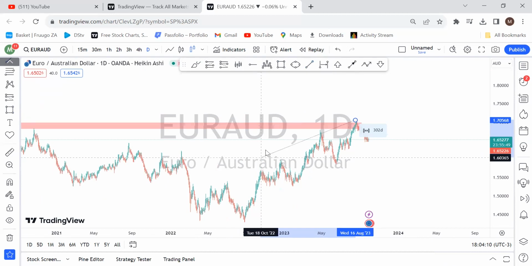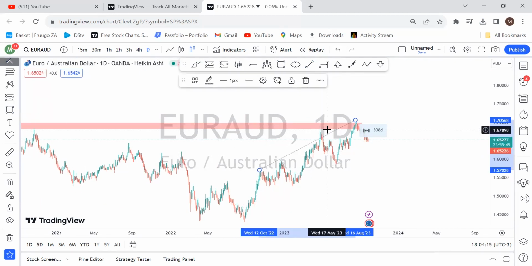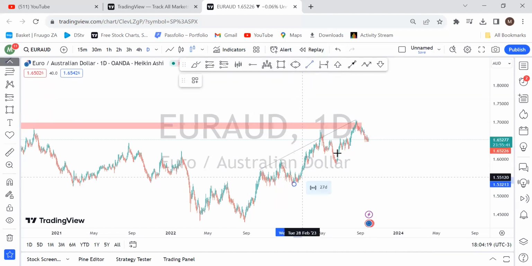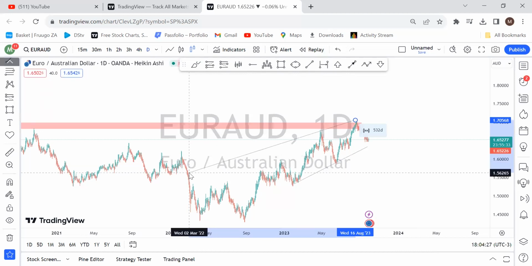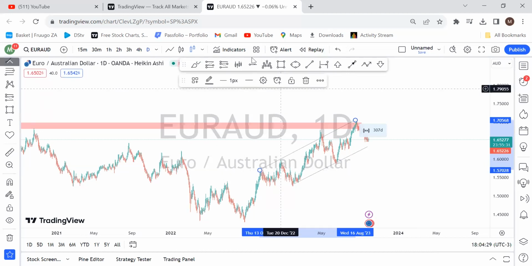So you could have argued that it's basically like that, even though the price is piercing through right there. Draw your support as well. And then, hold on, let me try to connect it to something else. Okay, no, it doesn't work. So I'm just gonna leave it the way it is.